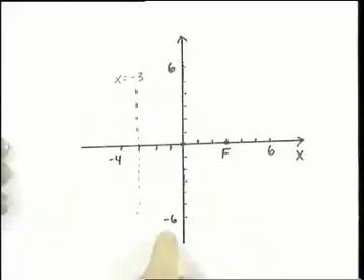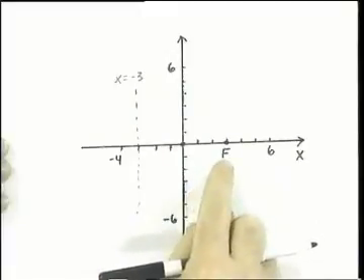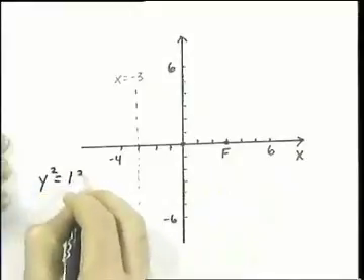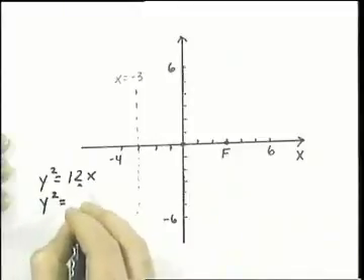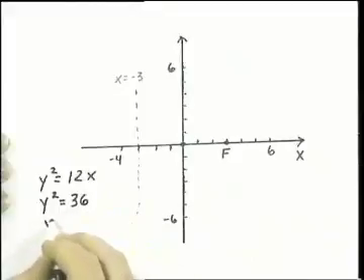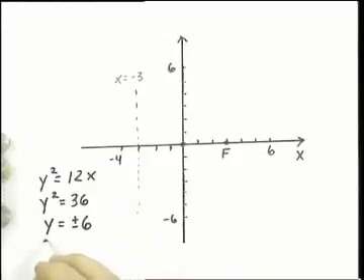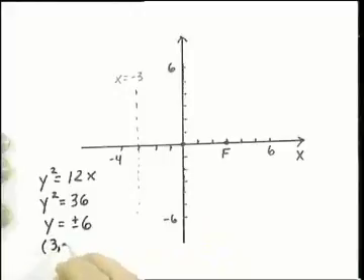These points are going to be found by letting the value of x equal 3 in the equation. In other words, we know that y squared equals 12x. Let x equal 3 in the equation, we get y squared equals 12 times 3, or 36, which means that y equals plus or minus 6. That means we have 2 points on the graph of the parabola, 3, -6, and 3, +6.